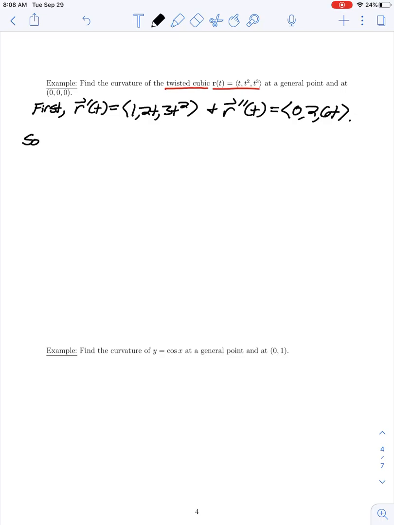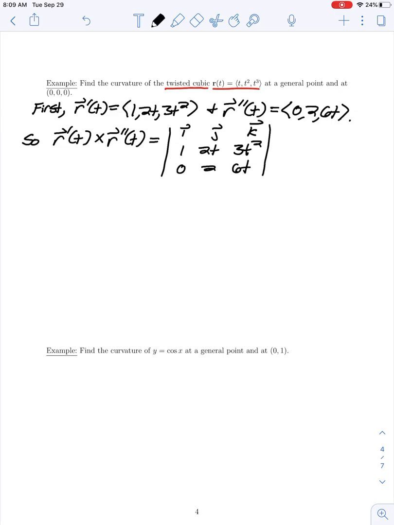So to make use of that formula, I then need to calculate the cross product of r prime and r double prime, which would be given by the determinant of the 3x3 matrix whose first row consists of our standard basis vectors i, j, and k. The second row would be the entries from r prime, 1, 2t, and 3t squared. And our third row would be the entries of r double prime.